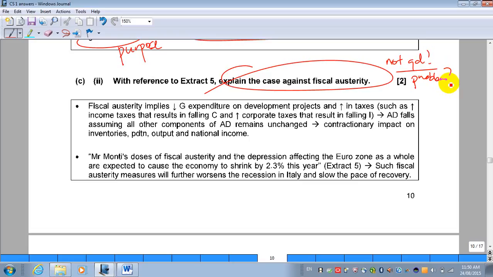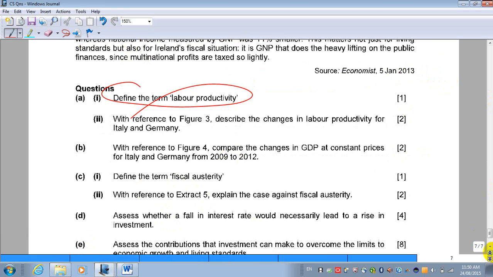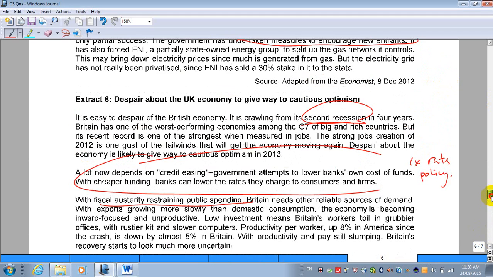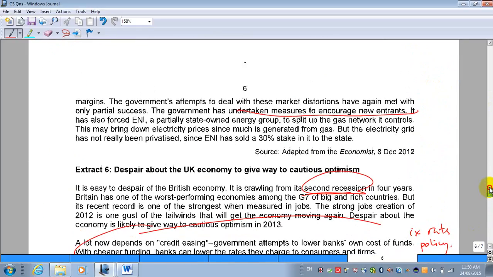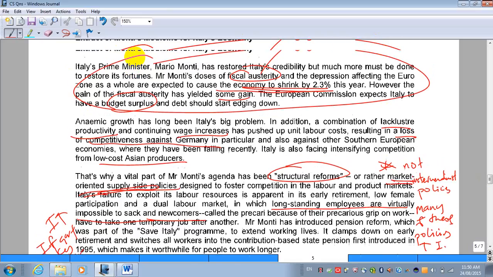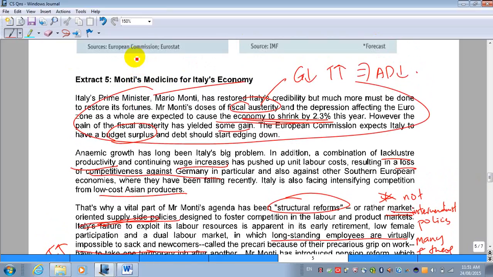Definitely in extract 5, they mention, I already said just now, I'm repeating myself here, how it will cause the economy to shrink, which means that there might be a recession where the real national output falls.